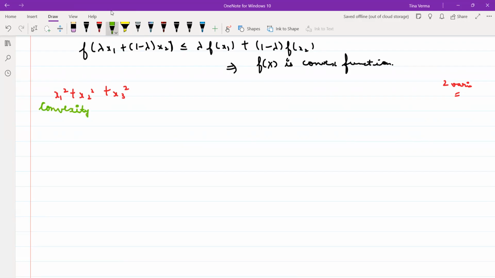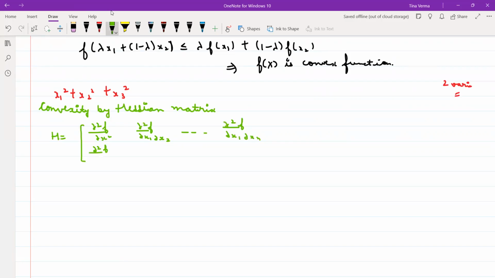If you remember, we have done the Hessian matrix, which we can form using the partial derivatives of f. So we can make H as my Hessian matrix. What will be my Hessian matrix? It is the partial derivative of f with respect to x1 squared, partial of f with respect to x1, x2, and so on up to x1, xn.